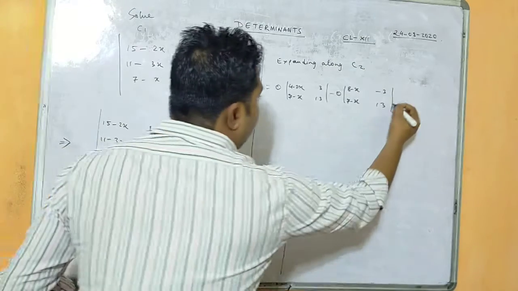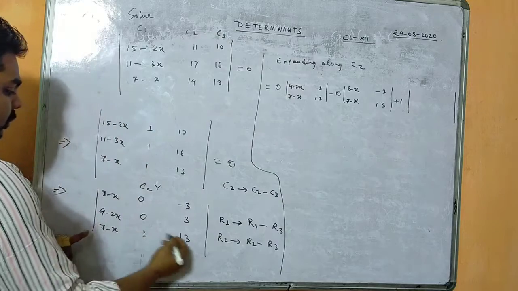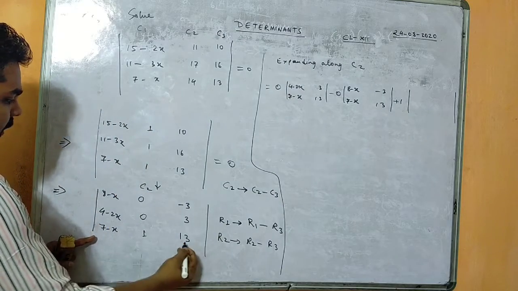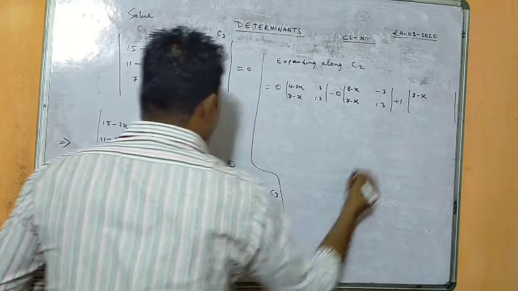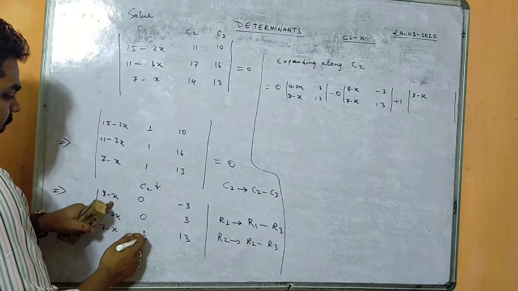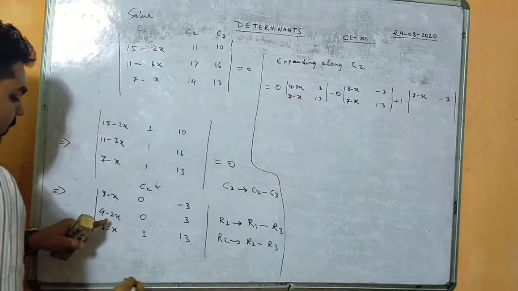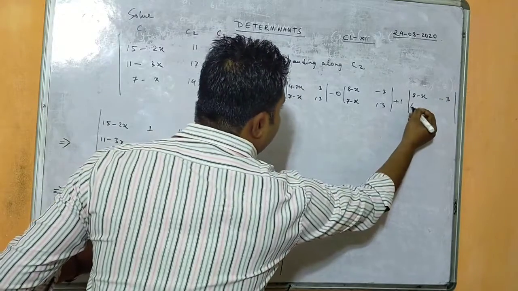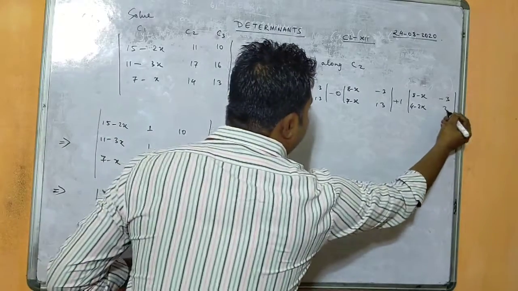Now last for 1. Now for 1, when you solve corresponding row and corresponding column, we will get 8 minus x, minus 3, 4 minus 2x, and here 3. Right?